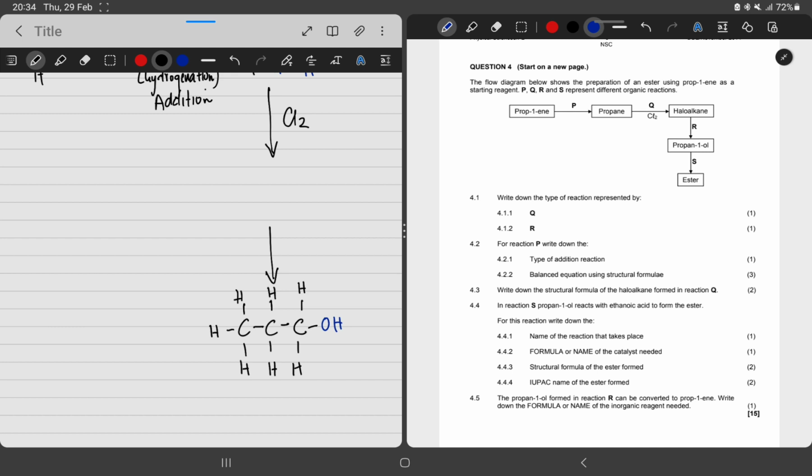And then from that haloalkane, I am producing what? An alcohol. The only way to move from a haloalkane to an alcohol is through what? A hydrolysis reaction. So for the hydrolysis of haloalkanes to produce the corresponding alcohol, we need sodium hydroxide that is diluted and then plus mild heat.